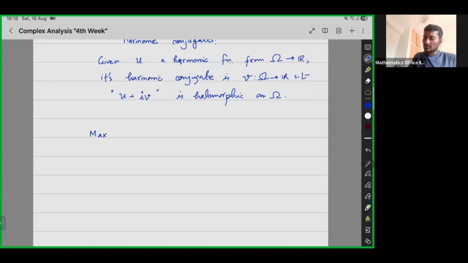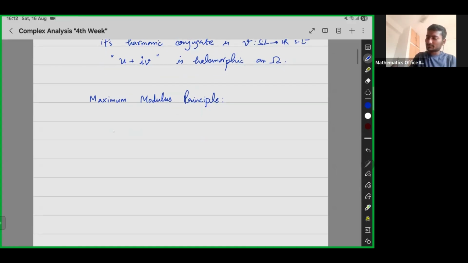Maximum modulus principle. There's a mistake, I think it is principle. My English is weak, so don't mind if it is wrong. Maximum modulus principle. So what is this?